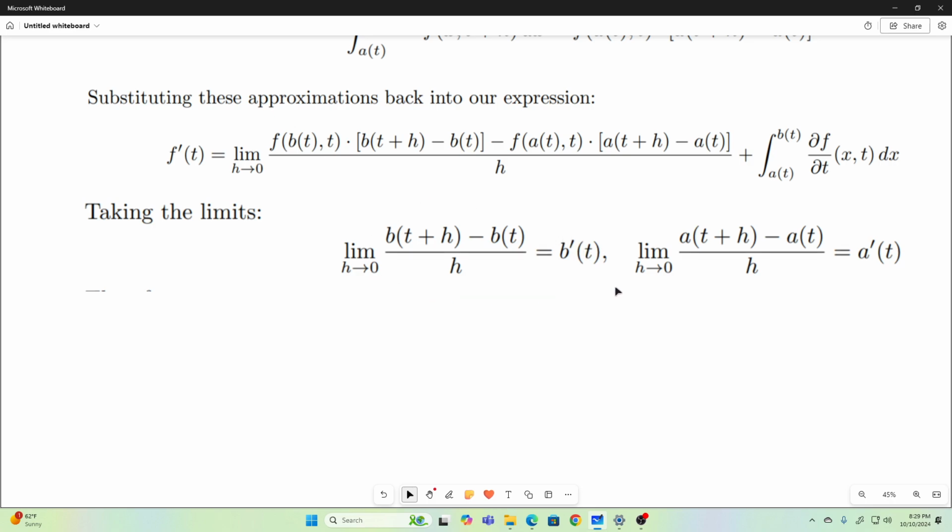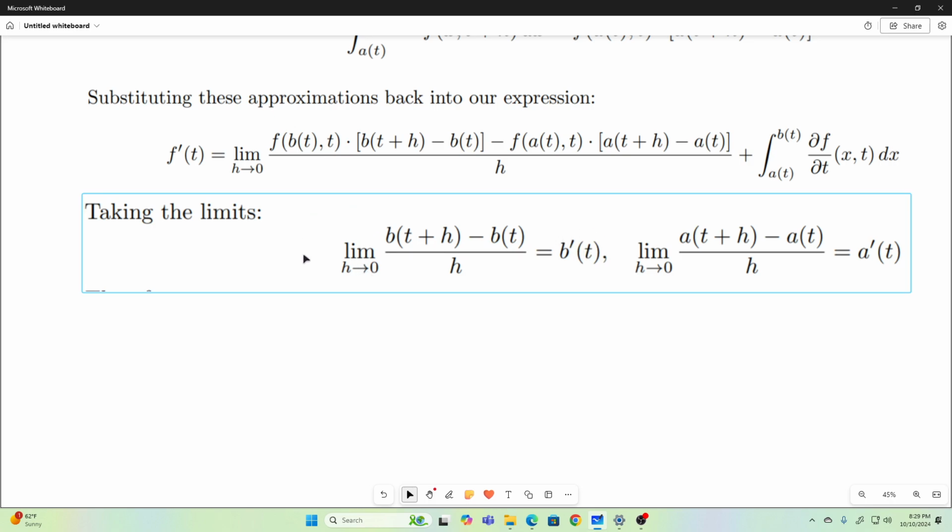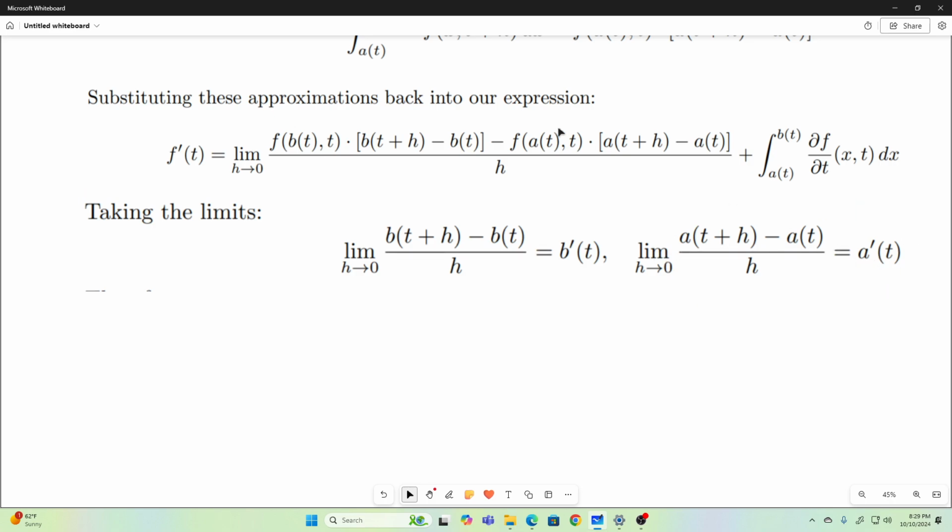That's the limit definition of b prime of t. And you will get that out of it. If you split this up, you'll get f of b of t comma t times the limit as h goes to 0 of this over this, and that's b prime of t. Similarly, this is a prime of t, which is right here and here.